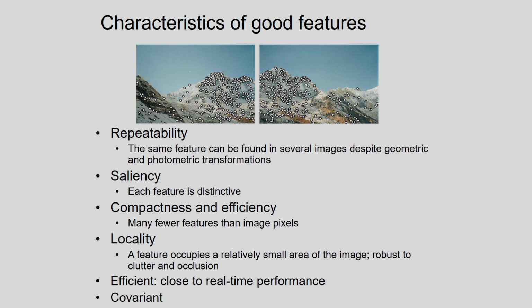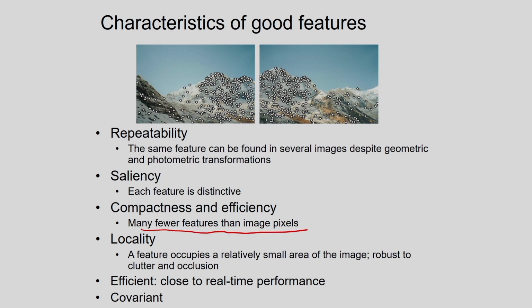Next one is saliency. Each feature should be unique, that is the concept of saliency. Another point is compactness and efficiency. We have only a few features as compared to the image pixels, so by using these features we can represent the entire image. Instead of considering all the image pixels, I can consider only a few image features, and with these features I can represent an image.